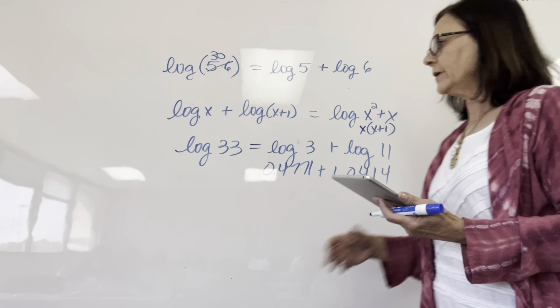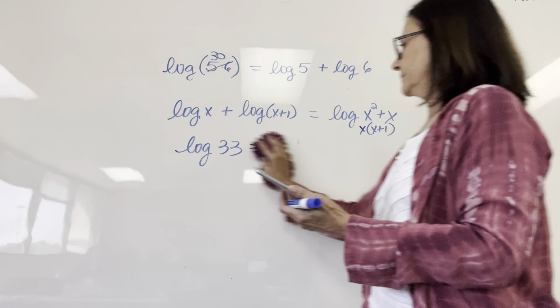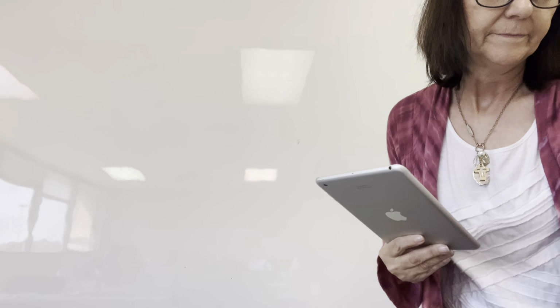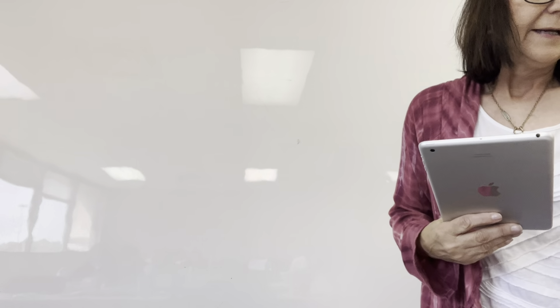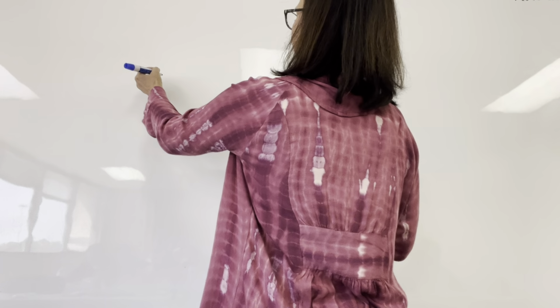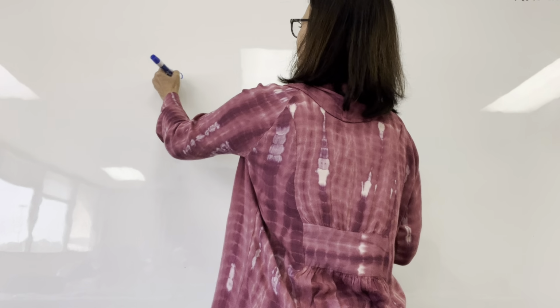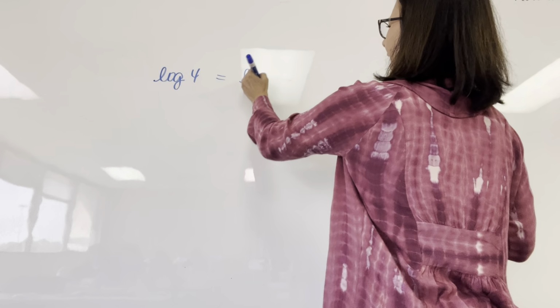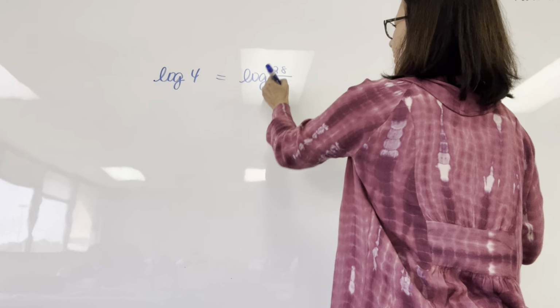Okay, look at example 3. Example 3 is the quotient law. That one was the product law. Now this is the quotient law. Okay, if I want to find the log of 4, is that the same thing as the log of 28 over 7?